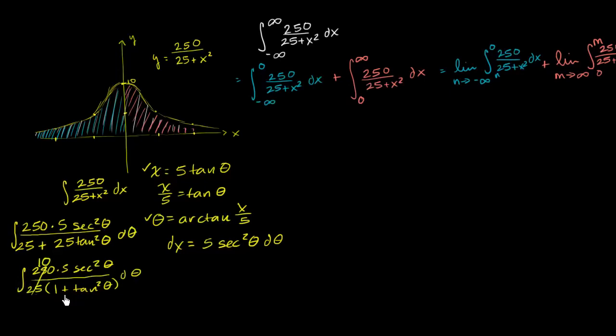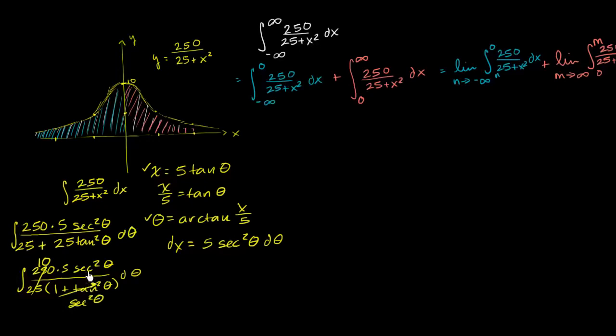You can prove it for yourself if you write tan squared theta as sine squared theta over cosine squared theta, add that to 1, which is the same thing as cosine squared theta over cosine squared theta, and then you can use some basic trig identities to realize that this is equal to secant squared theta.